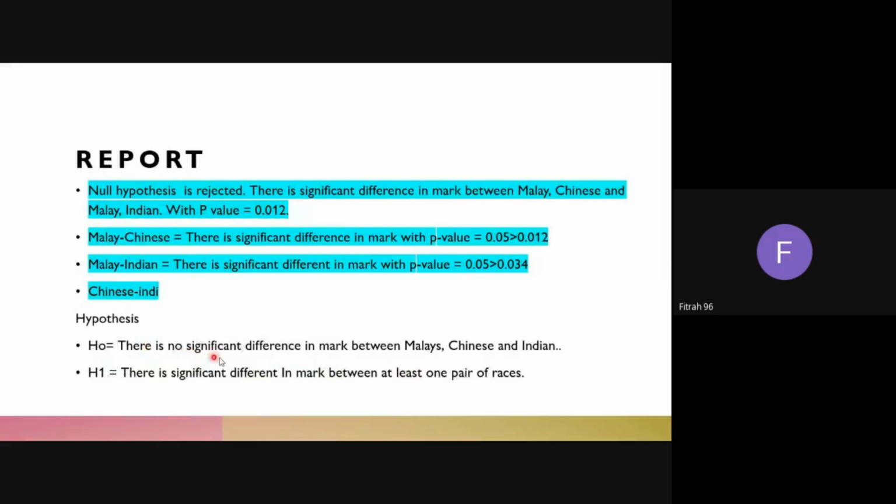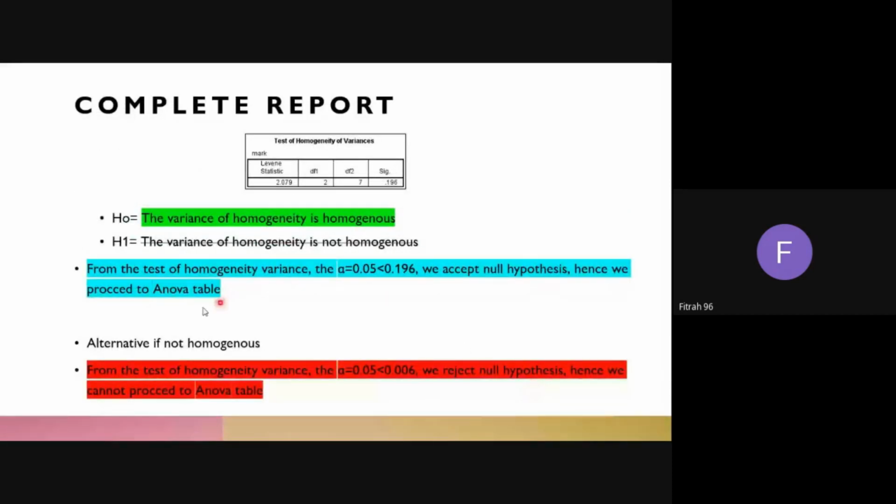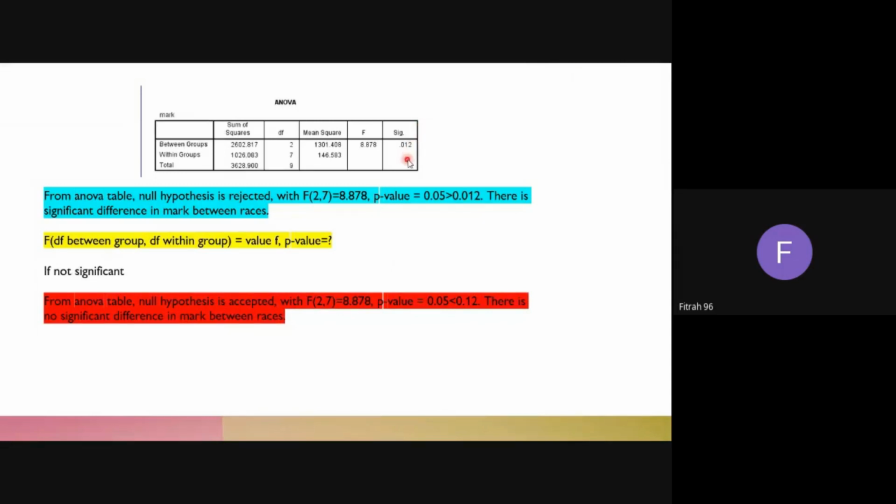There is no significant difference in mark between Malay, Chinese, Indian. Kita punya alternative hypothesis adalah there is significant difference in mark between at least one pair of races. Okay. So, since kita dapat tadi smaller than 0.05, so we have to proceed to the post hoc table.